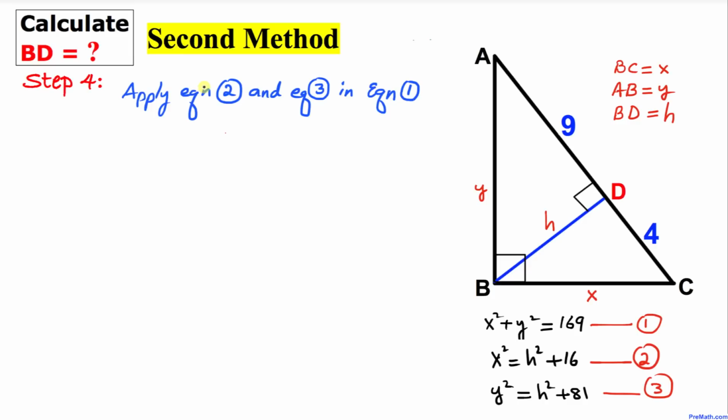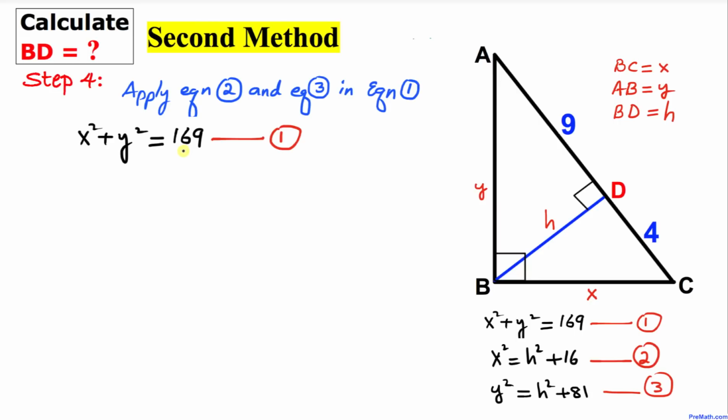And now in this next step, we are going to substitute equations 2 and 3 in equation 1, as you can see over here. And here's our equation number 1.